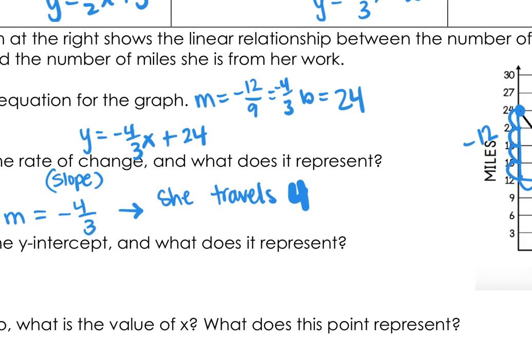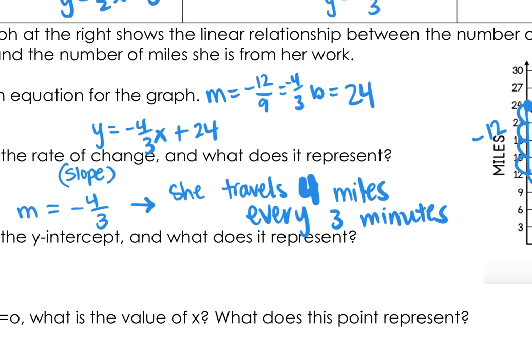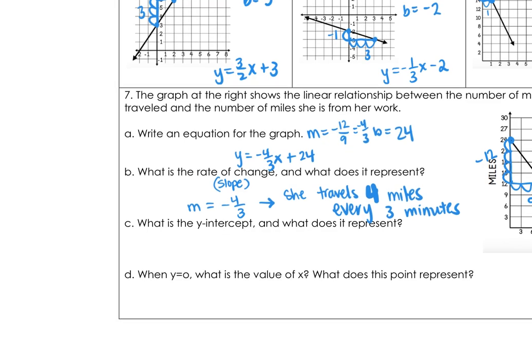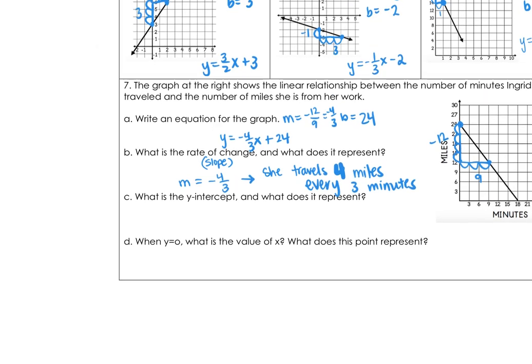Very good. 4 miles every 3 minutes. And remember, she's going from home to work, so she's getting that much closer.